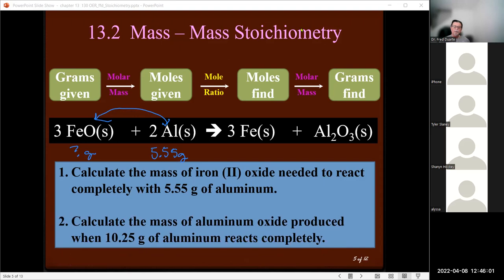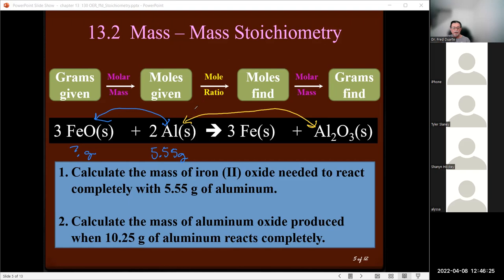Then another question, let me change the color a little bit. Calculate the mass of aluminum oxide produced when there are 10.25 grams of aluminum. Our concern, this will be in yellow, will be simply between the aluminum and the aluminum oxide.